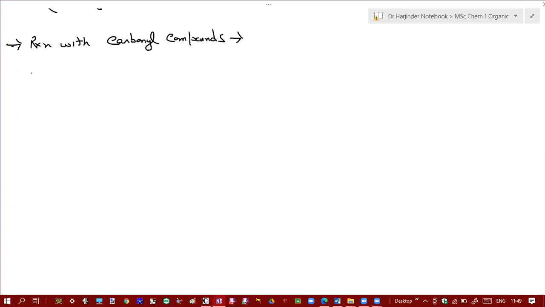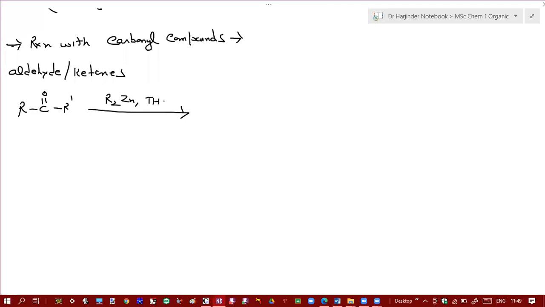If you have simple aldehydes and ketones, can they react? No, because of their very low reactivity they do not react. But we can increase their reactivity by one method. Can you tell me how we can make this reaction proceed?